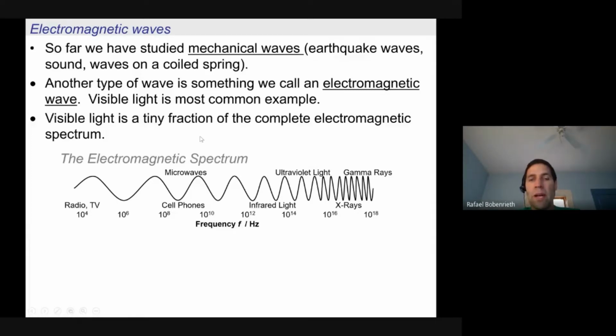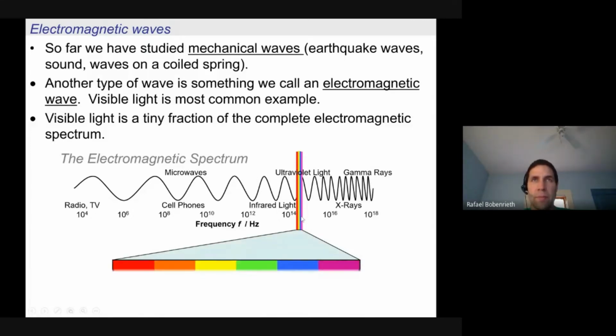And then as you go to the right, you can see that the wavelengths get shorter and shorter, and we get into things like infrared light, and then from there, ultraviolet light, X-rays, and gamma rays. Gamma rays have really short wavelengths and very high frequency. The part that our eyes can detect is that really small sliver that I've just highlighted here. This is what we call the visible light spectrum.